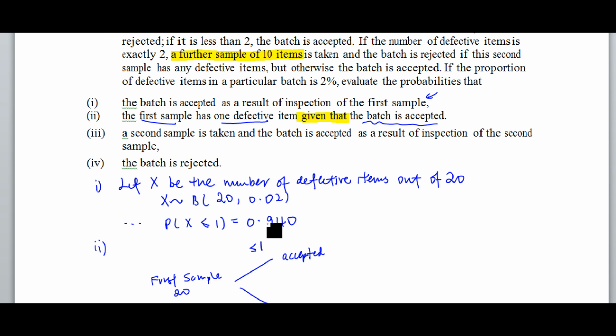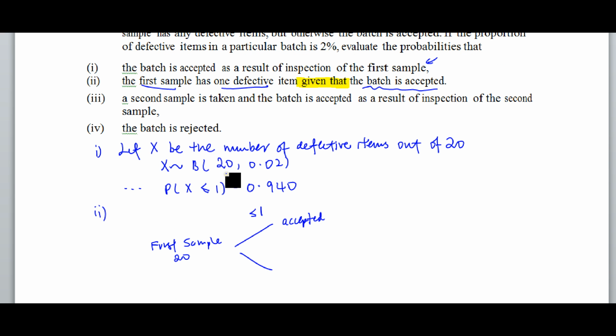If you have exactly 2, if you have more than 2, then it's rejected. Now, shall we take a look at the special case where it is exactly 2? Exactly 2 defects. Then what do you do?